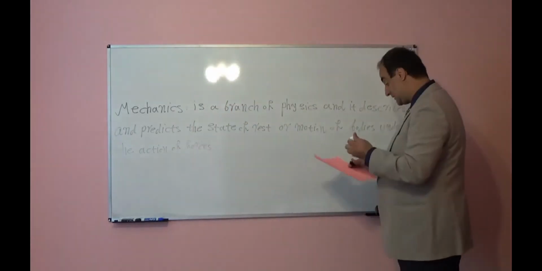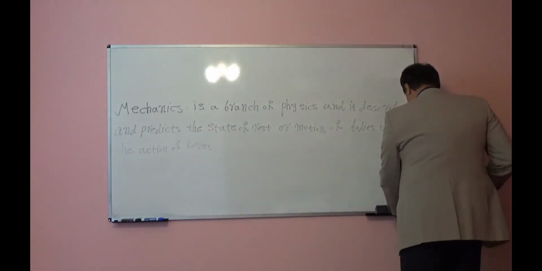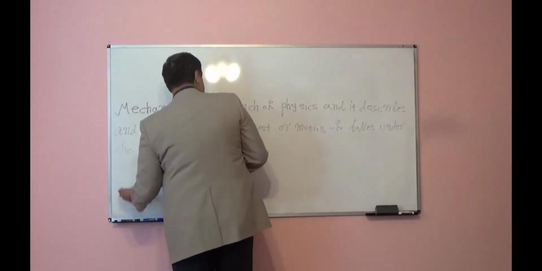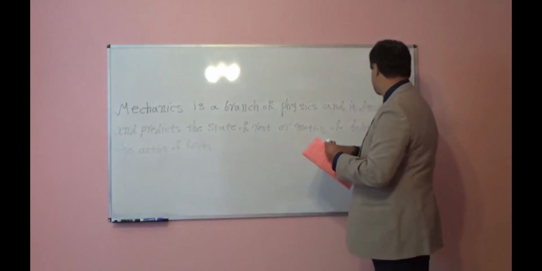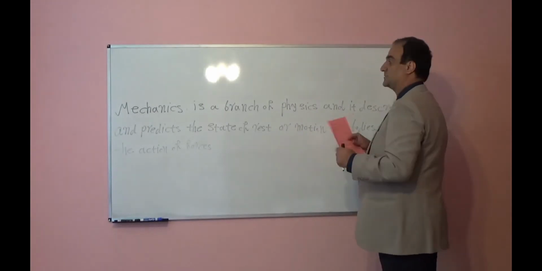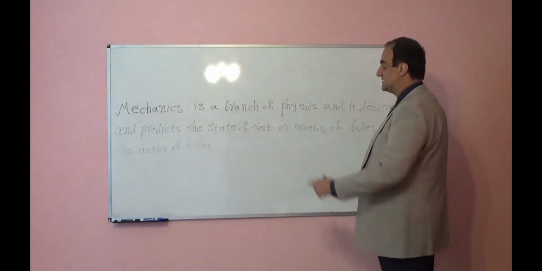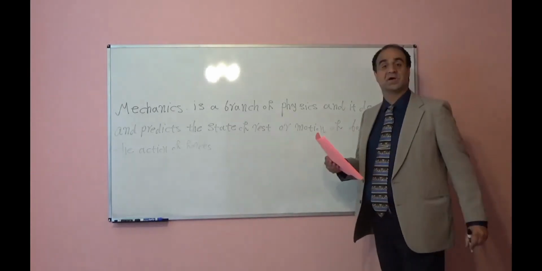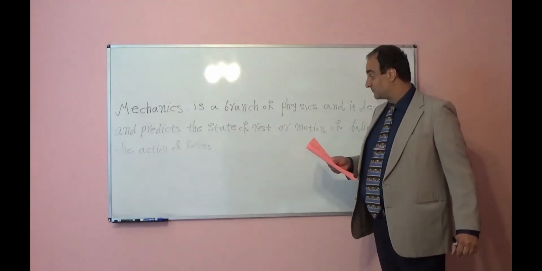So the definition of classical mechanics, or we call it mechanics, is a branch of physics and it describes and predicts the state of rest or motion of bodies under the action of forces.